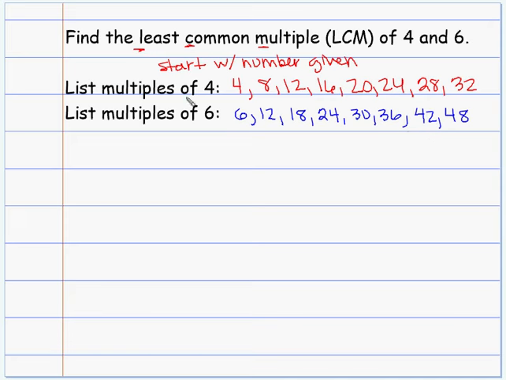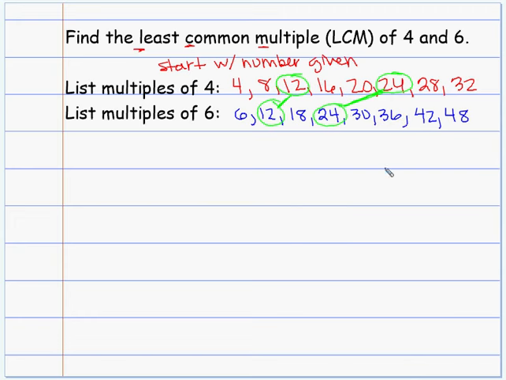Okay, now let's take a look at these lists and find the least common multiple. Let's see if we have a number yet that is in common and is the smallest one that's in common. So if you just circle the numbers that they have in common, 12 and 24, and that's it, right?